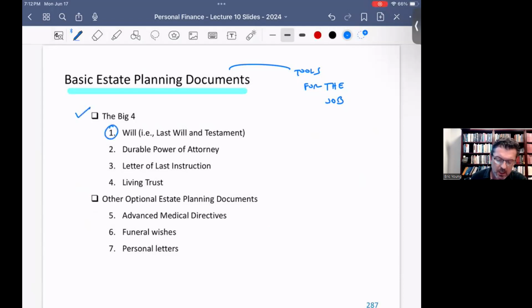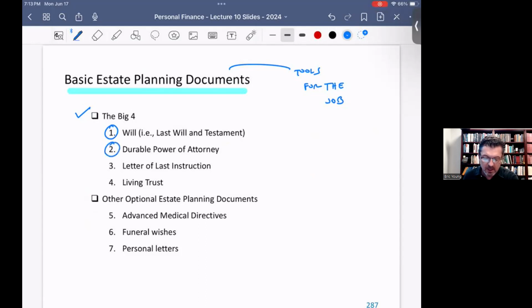Number one, your will, also known as a last will and testament. Your will is the document where you lay out your wishes of how you want your property to be distributed. And in a will, you also lay out provisions for your minor children. We'll discuss a will, again, also called your last will and testament, in a later slide.